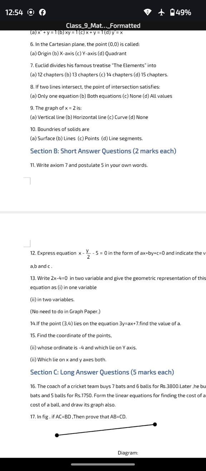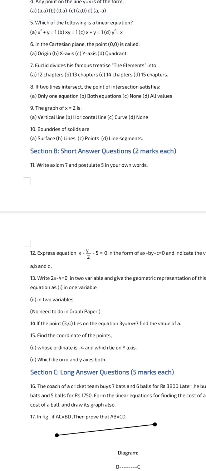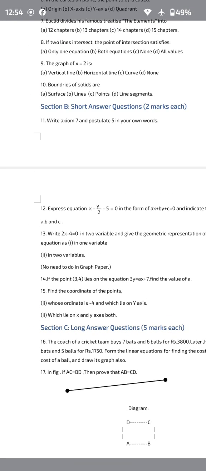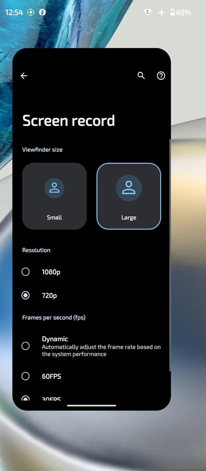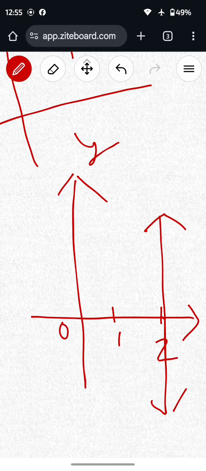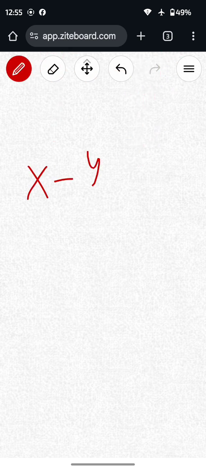Okay, now next question is express equation x minus y upon 2 minus 5 equal to 0 in the form of ax plus by plus c equal to 0 and indicate the values of a, b, c. So here is the equation x minus y upon 2 minus 5 equal to 0.